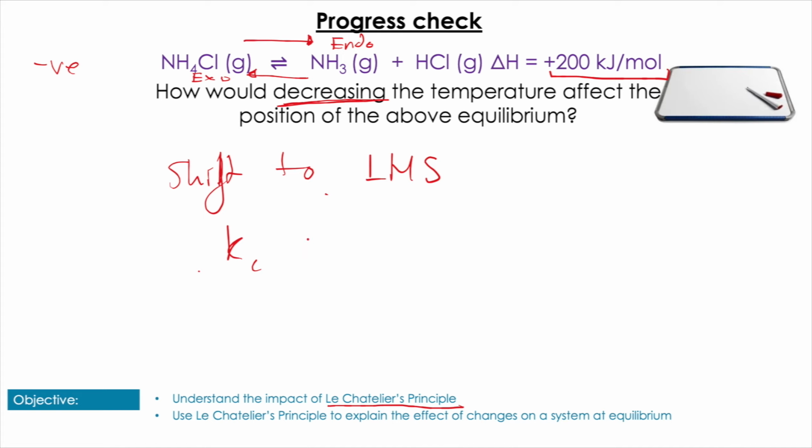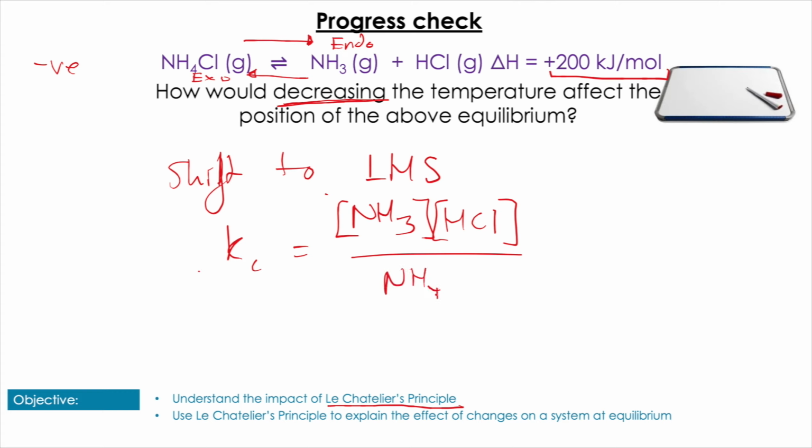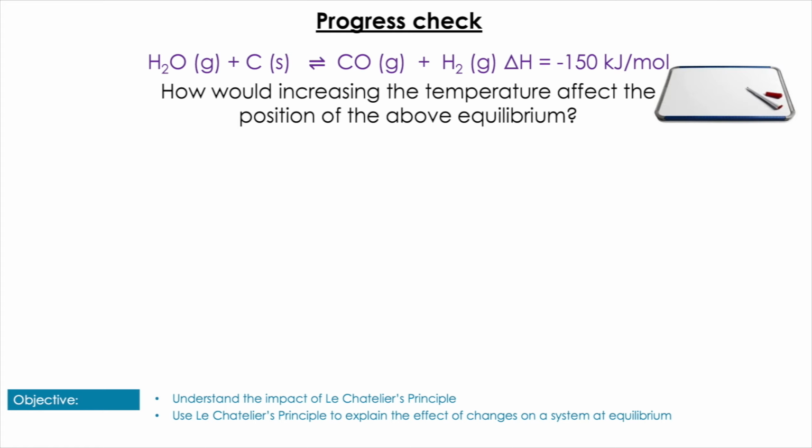What's this going to do to our value of Kc? Well, Kc, as we know, is our products over our reactants. We've just said that it's going to shift to the left-hand side, so it's shifting to the bottom of the fraction, which means we're going to have a larger denominator, which means overall we're going to have a smaller value for our Kc.